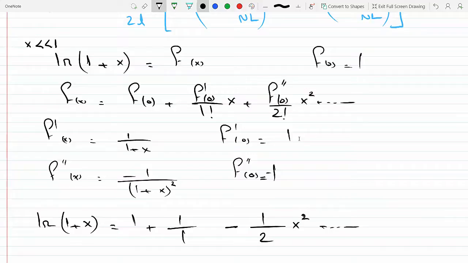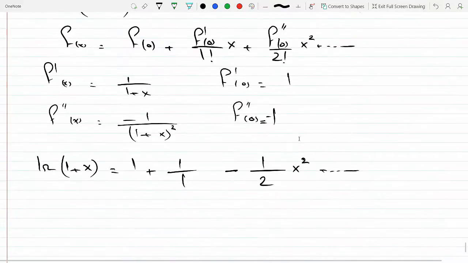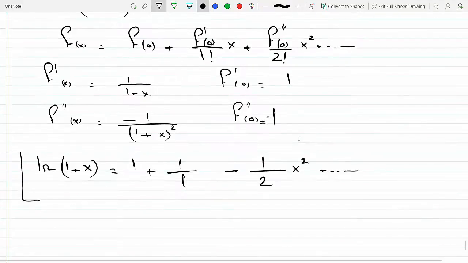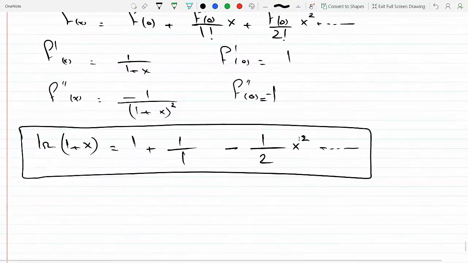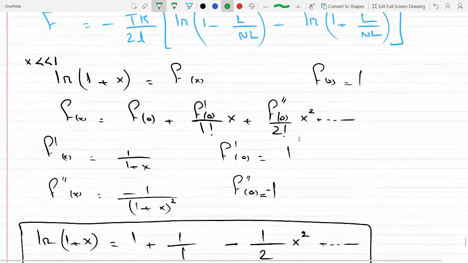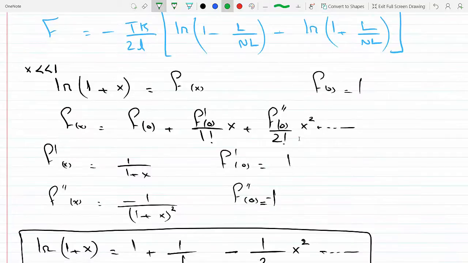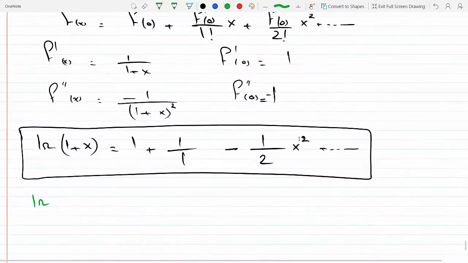Okay, so if I use this on my terms, my x on the first one is minus L over nl, and on the second one it's L over nl.